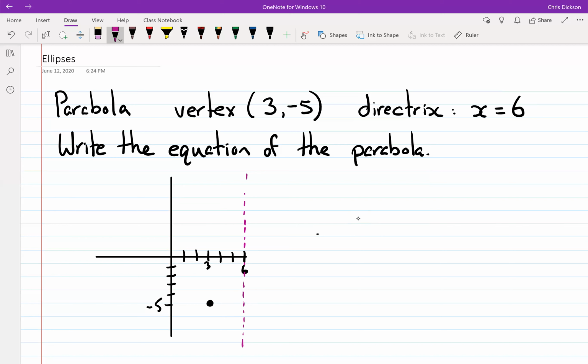I know that a parabola has its pointy end always facing the directrix. So I know that the graph has to open something like that. And now I know the axis of symmetry would lie along this line. So the axis of symmetry is actually y equals -5, and the directrix is x equals 6. So this is the axis of symmetry.